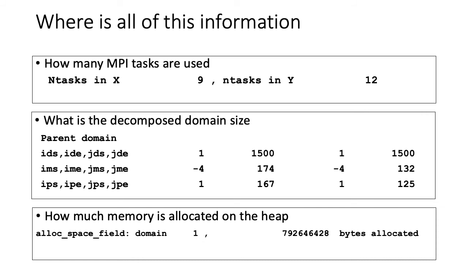Inside the RSL file, there are two kinds of information that will allow you to figure out some basic speed information for WRF.